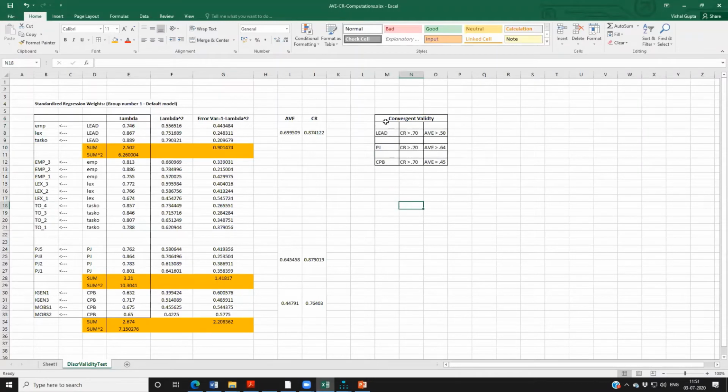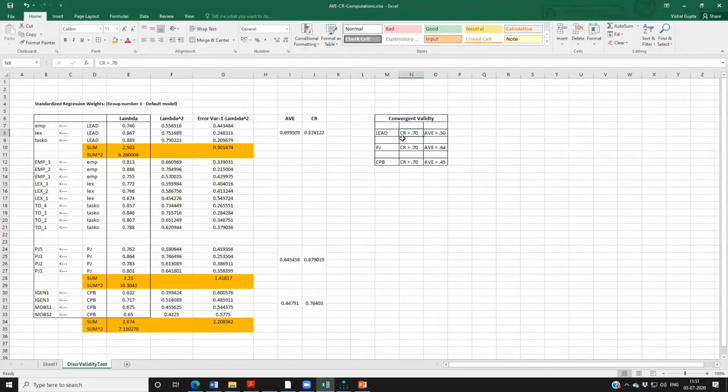When you are developing your own scale, you will otherwise not use convergent validity. You will just say that CR was greater than 0.70, and therefore these items are good measures of the latent construct, right?